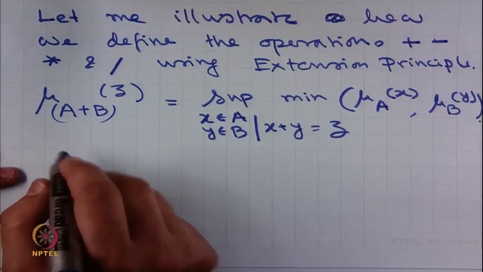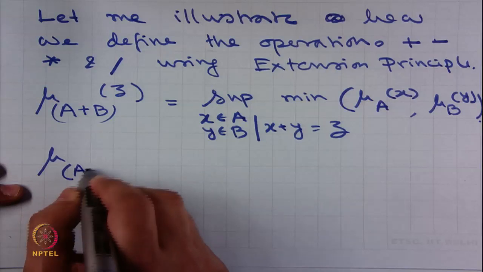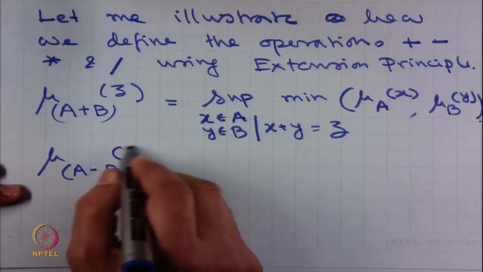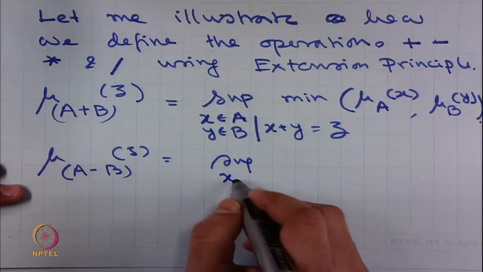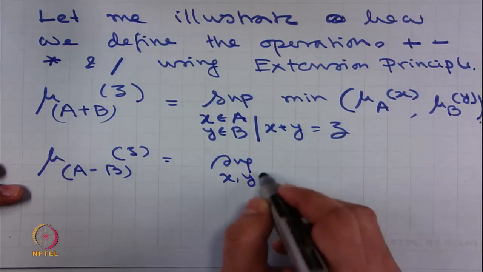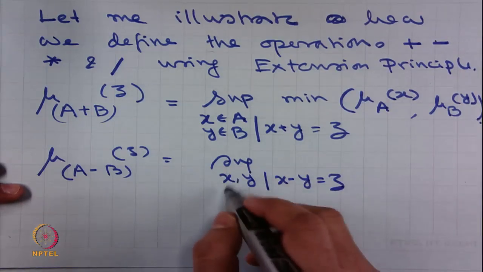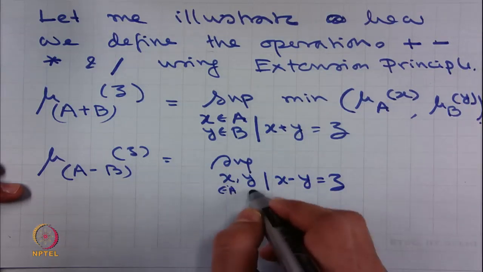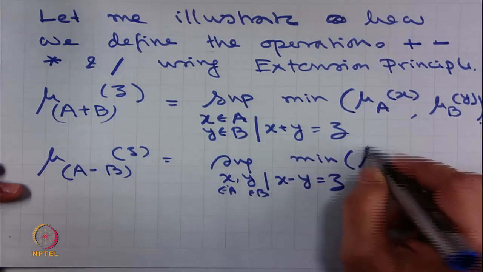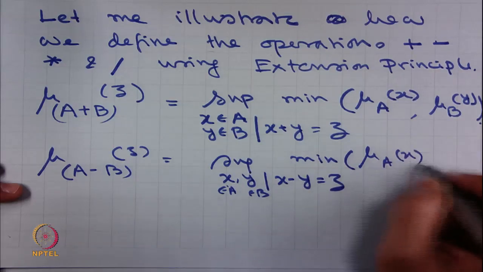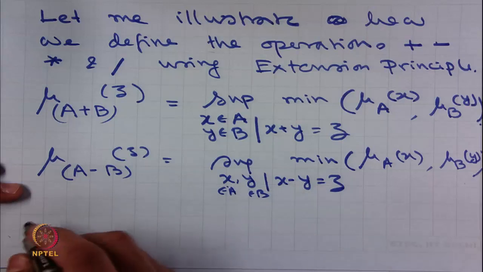In a similar way, mu A minus B of Z is equal to supremum over x comma y such that x minus y is equal to Z. Obviously, x belongs to A, y belongs to B, and minimum of mu A x comma mu B y.